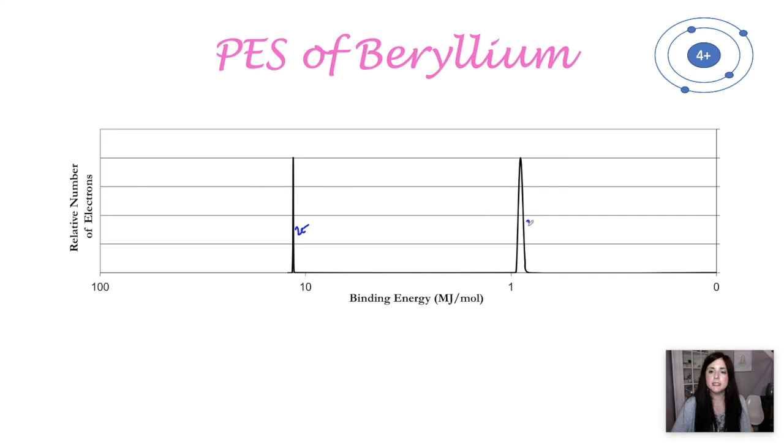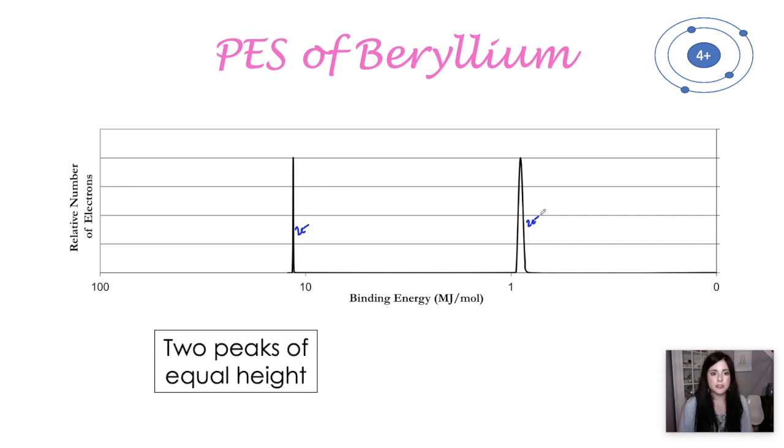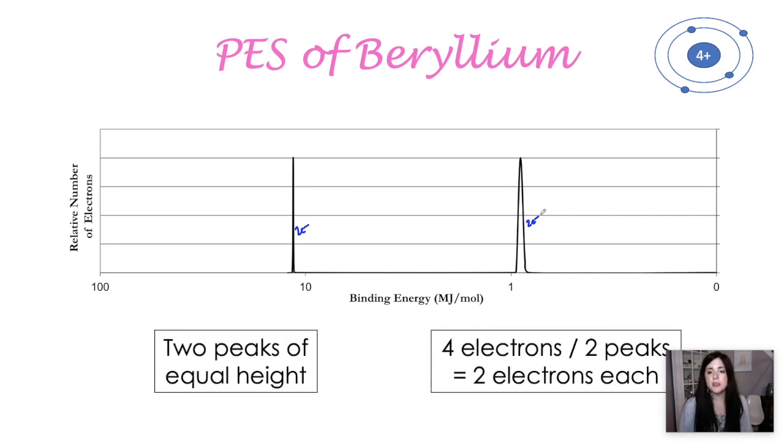So this one also has 2 electrons, and you could tell just based on the height of those. Two peaks of equal height, therefore, there are 4 electrons in beryllium. Each one has 2 electrons. Notice that the binding energy for your core electrons is much higher. It takes a lot more energy to remove those, which is why you have a peak so far to the left. These ones here are going to be your valence electrons. Those are the 2 in that outermost shell.